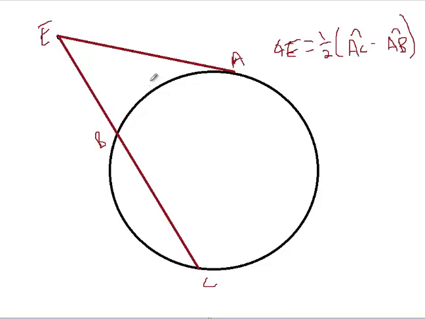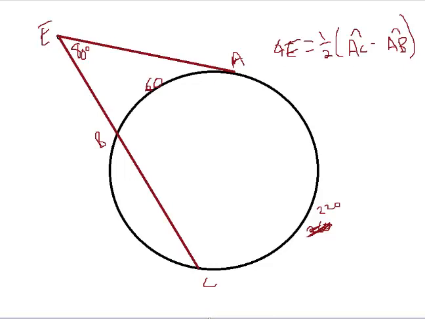So if this is, let's say, 60 degrees, and the big arc over here looks to be a lot, let's say 260 degrees, so 260 minus 60 is, well, it probably wouldn't be that much. Let's change this to 220. So 220 minus 60 is, of course, 160, which means angle E is 1/2 of that, so angle E would be 80 degrees. And the same thing if it's two tangents.